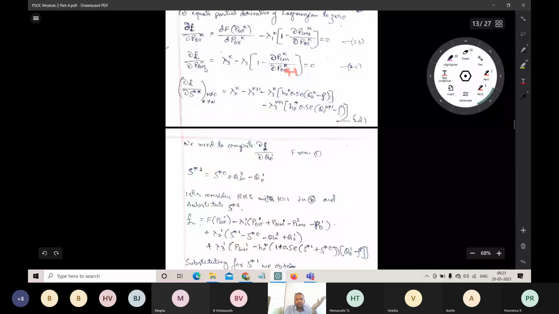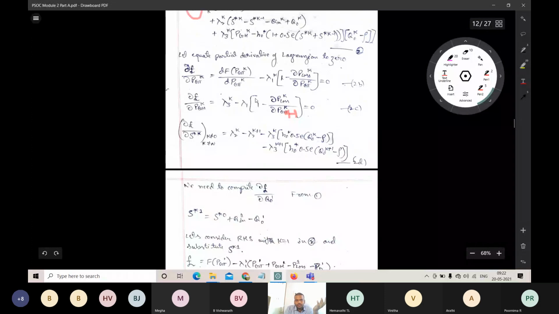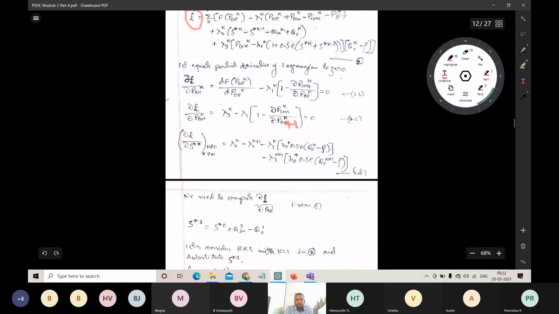So by solving the equation for storage, first we considered the partial differentiation of the Lagrangian using thermal generation and hydel generation. Now we are going to consider the storage. So what we get is lambda 2k minus lambda 2k plus 1. Here we need to partially differentiate using k as well as k plus 1.